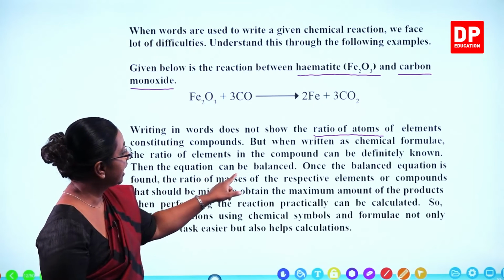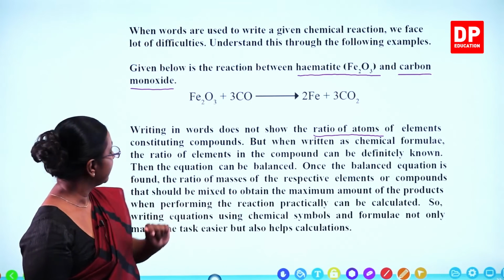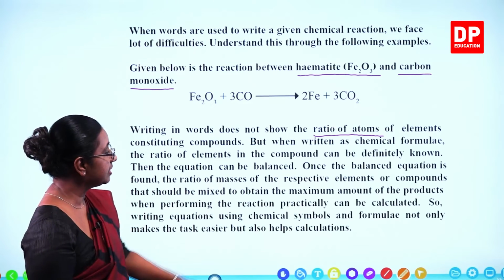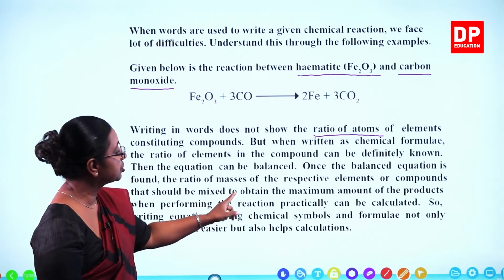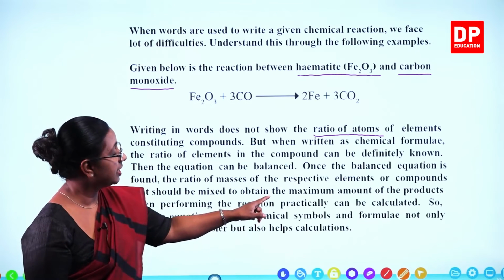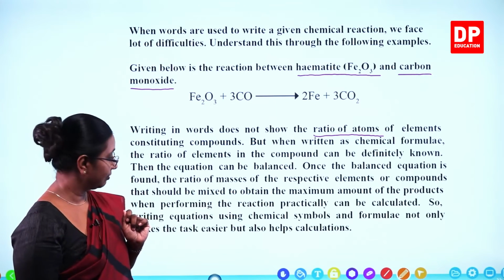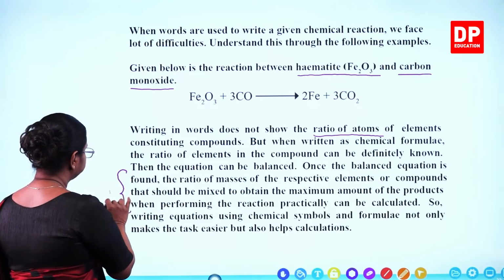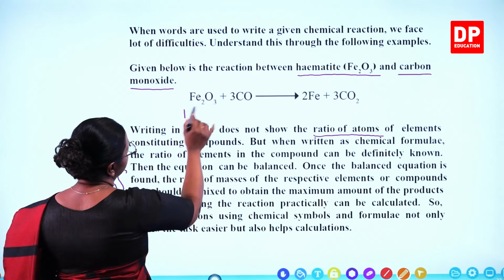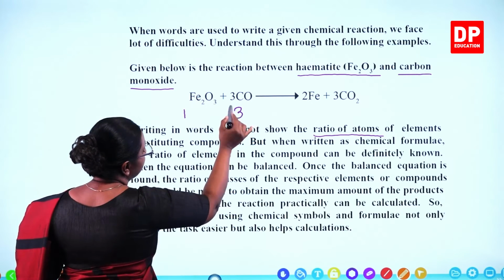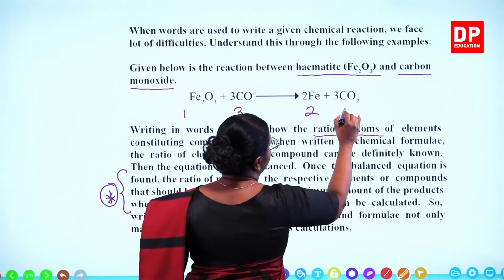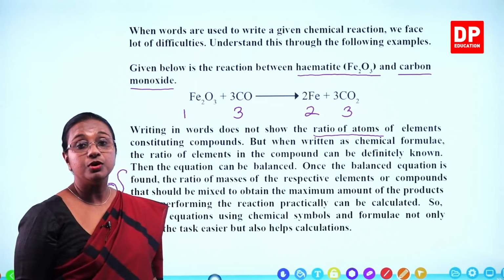Then the equation can be balanced. Once the balanced equation is found, the ratio of masses of the respective elements or compounds that should be mixed to obtain the maximum amount of the products when performing the reaction practically can be calculated. This is important. Now here you can see, students, you need 1 Fe2O3 to react with 3 CO to produce 2 Fe and to release 3 CO2.